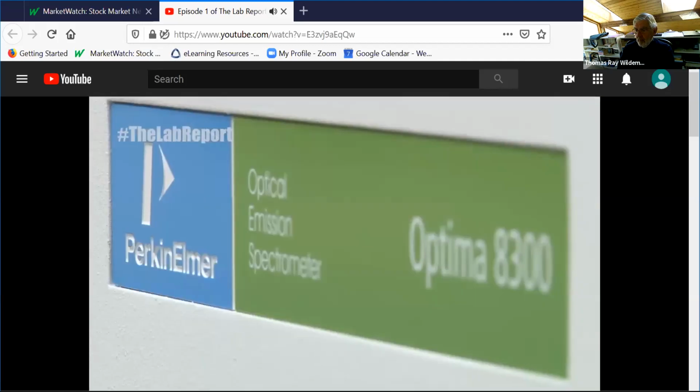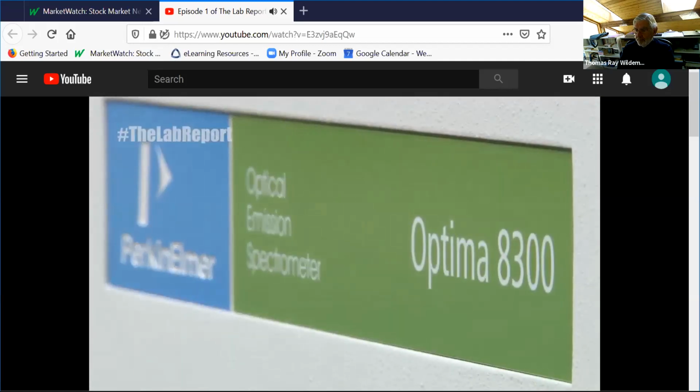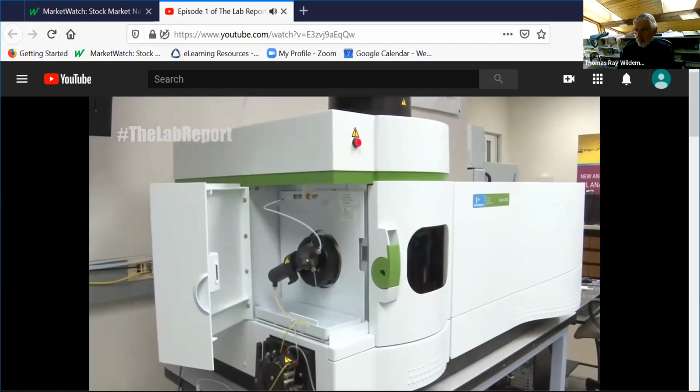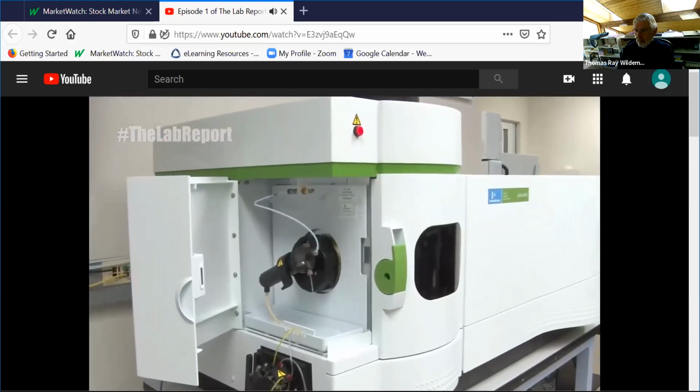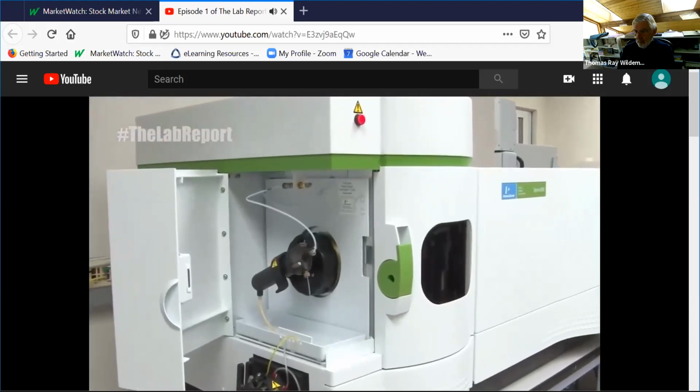The Optima system has the best resolution on the market for a simultaneous ICP system. Besides the excellent resolution of 6 picometers at 200 nanometers that the Optima has, the Optima is also the only unit to employ a correction that handles both complex backgrounds and spectral interferences at the same time.